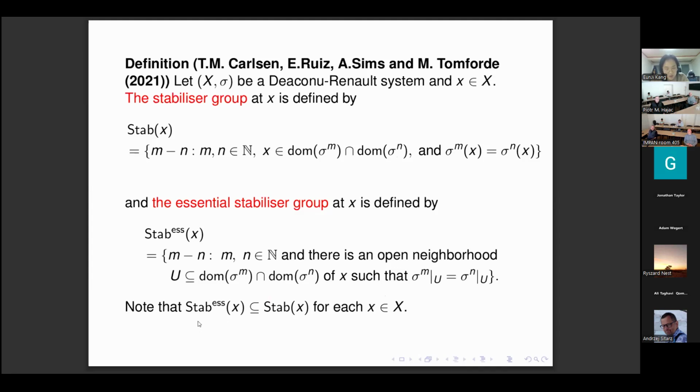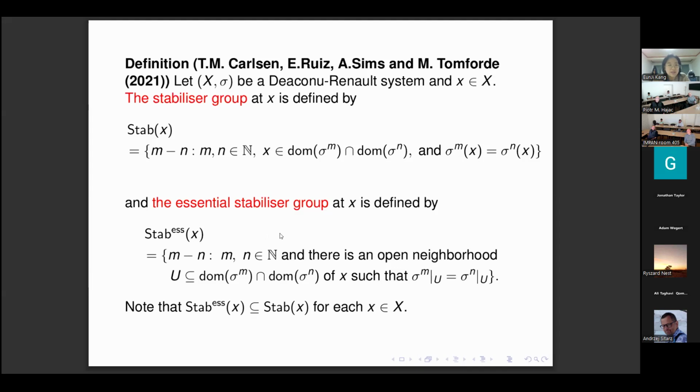So here also, the essential stabilizer of X is contained in the stabilizer of X for each X. Sorry, I have a question. Why is this a definition, but not a proposition? That this is the description of the stabilizer and essential stabilizer for the Deaconu-Renault groupoid.